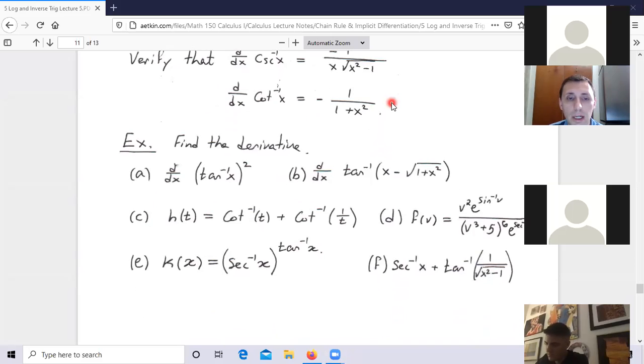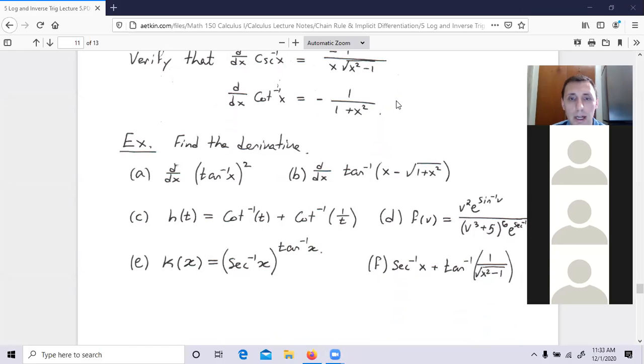All right, so carry out the next calculation very quickly. Carry out calculation A. Find the derivative of tangent inverse squared.